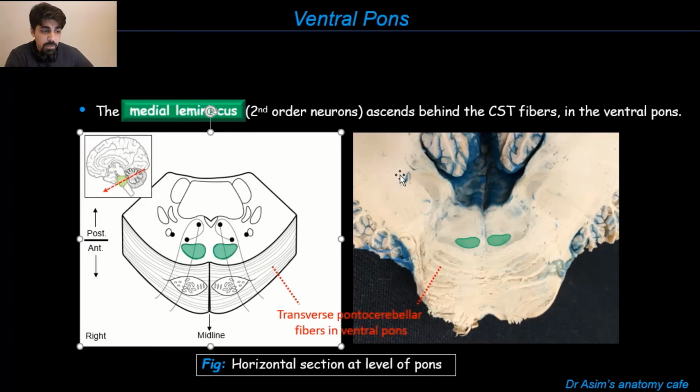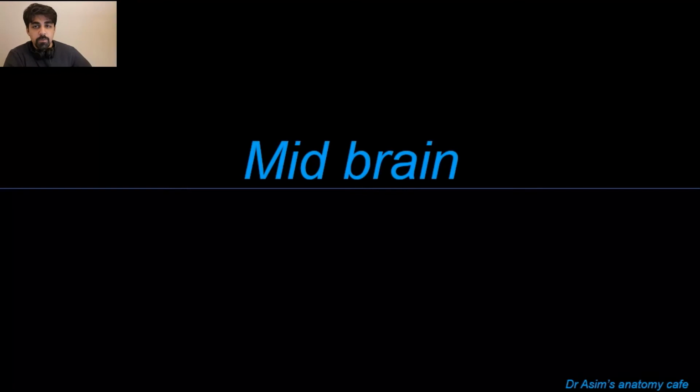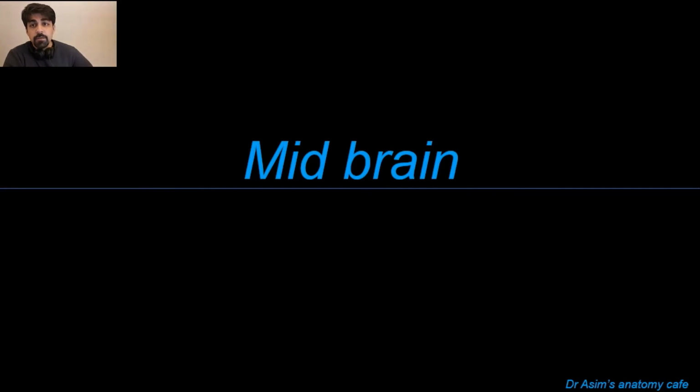This is once again a Mulligan stained section, so all these white matter tract fibers are appearing white. Anything which is gray matter is going to be appearing blue, and that's why we don't see much of the blue staining over here. Now the medial lemniscus then ascends from the pons in the ventrolateral region of the midbrain.